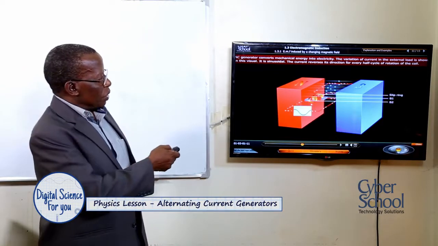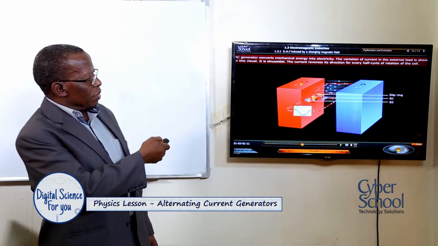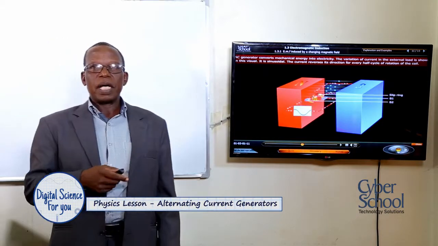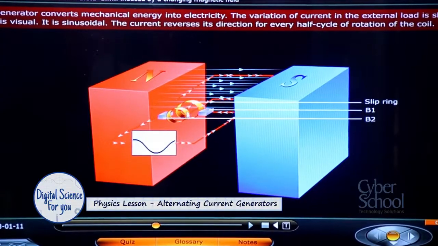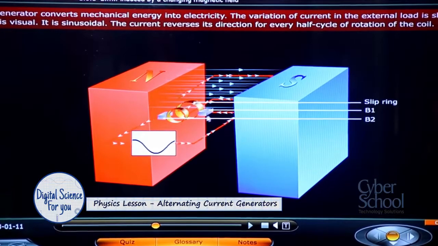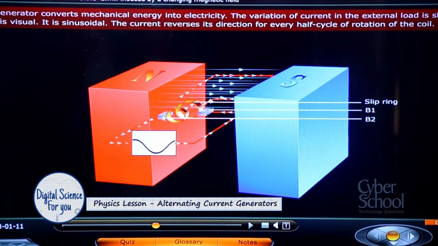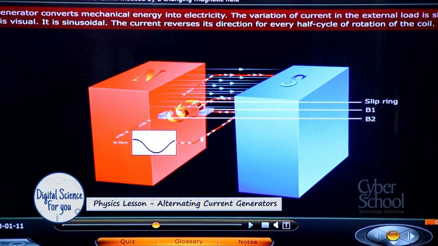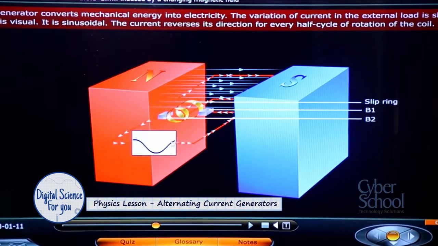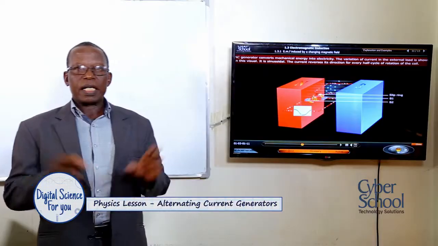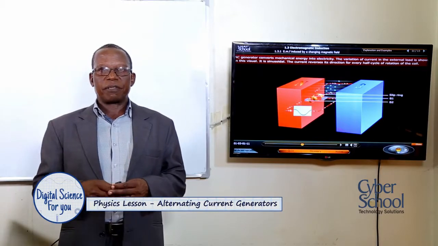Then it has the slip rings, and those slip rings are attached onto the carbon brushes. And where you see that line, it represents the position of the load, which may be your TV, your refrigerator, or any other appliance which uses electricity.